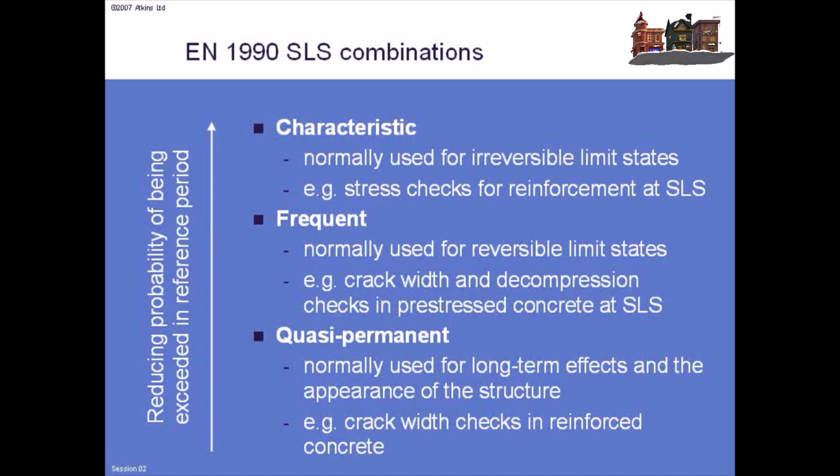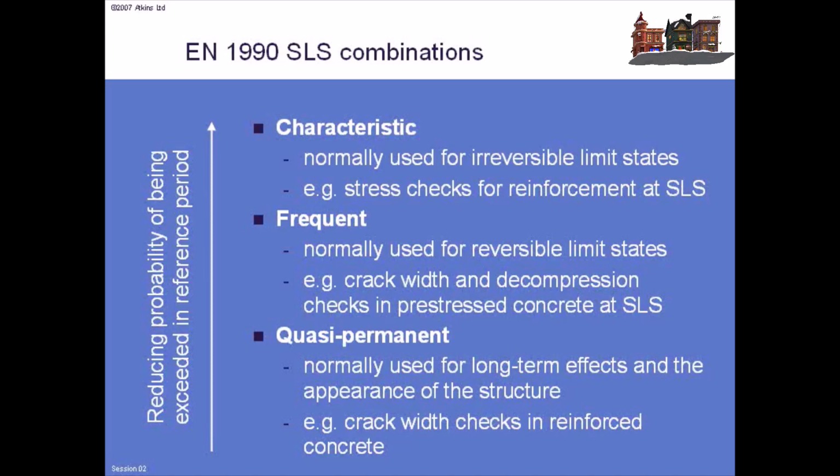Serviceability, we have 3, again, generic combinations, and these are absolutely critical because different serviceability checks are done in different combinations. Quasi-permanent is the least onerous, rising up through frequent to the characteristic, the most onerous. The simplest way to illustrate this is just with a piece of reinforced concrete. If you've got a reinforced concrete bridge, a load moves across it, traffic moves across it, a crack opens and shuts as the vehicle goes away.